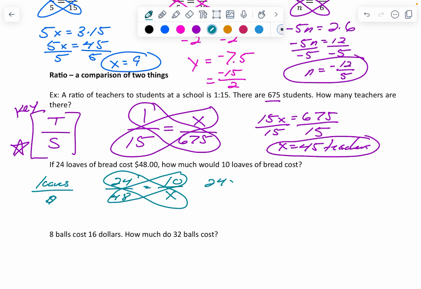So 24x is equal to 48 times 10, so 480. So dividing both sides by 24, looks like we get x equals 20. So how much would 10 loaves cost? Looks like $20.